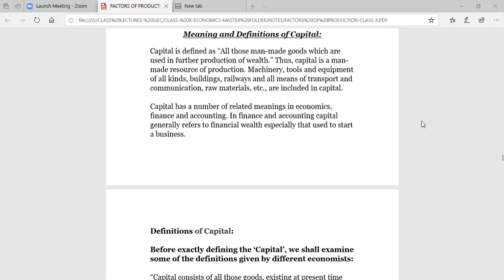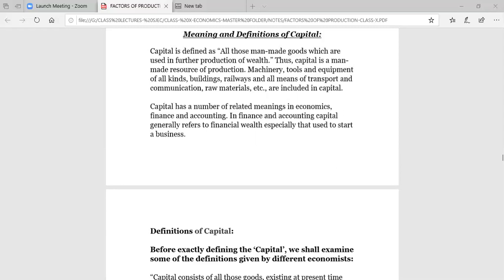Capital includes not only the money involved, but all those man-made goods which are used for production or manufacturing of any kind of product. This includes machinery, equipment, tools, buildings, railways, transport, all these things. These are all required for production, and these fall under the category of capital.